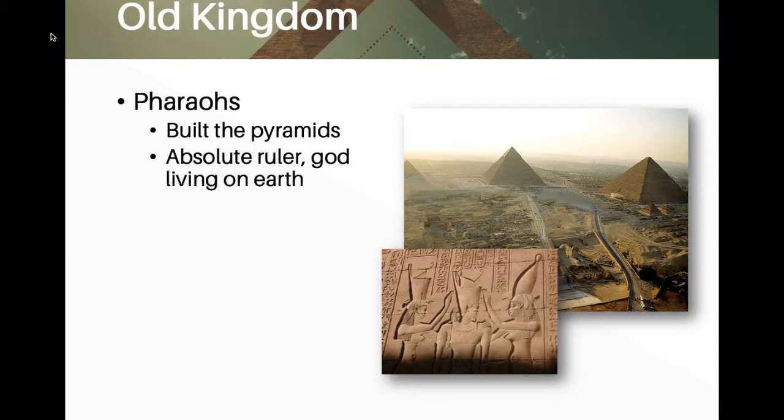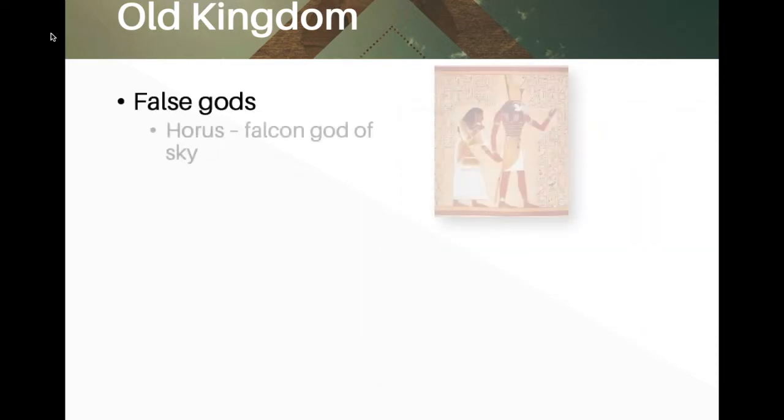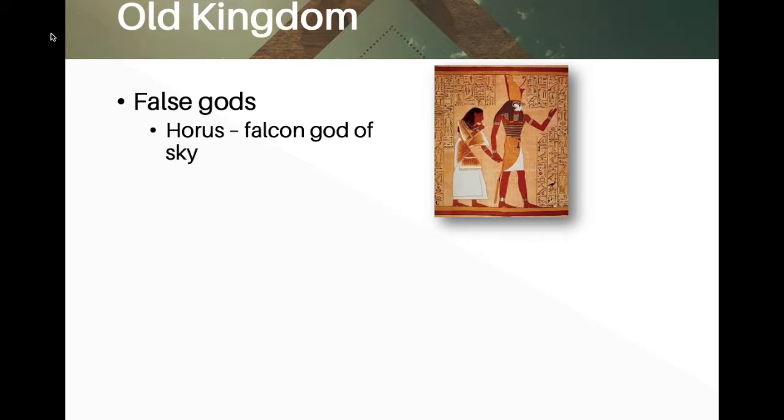Early pharaohs were connected to Horus, the sky god. I think I have a slide. There we go. Horus, the sky god, was a falcon god of the sky, and you see there a picture of him leading a lady, and you see his falcon head, so that would be Horus.